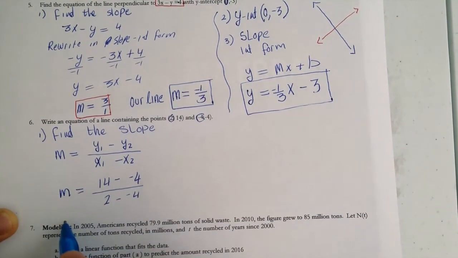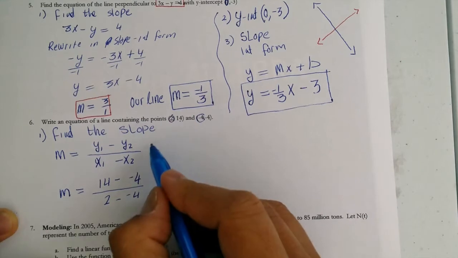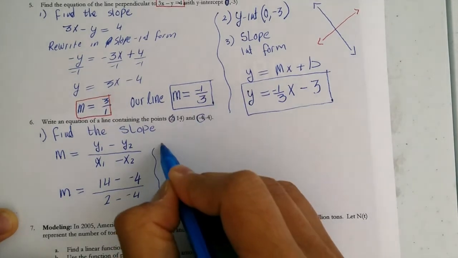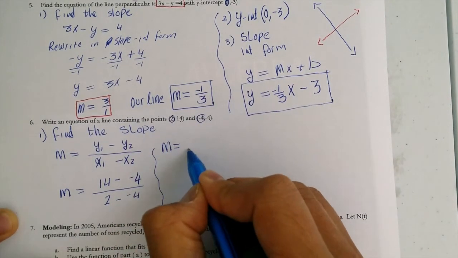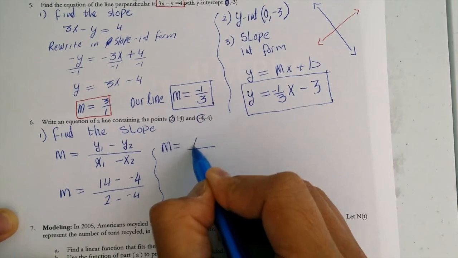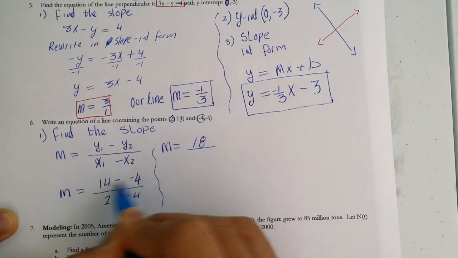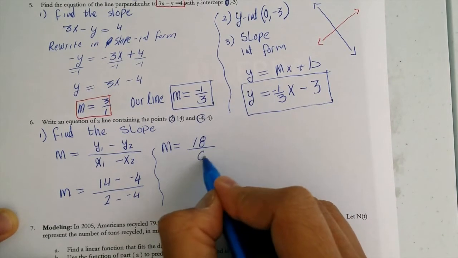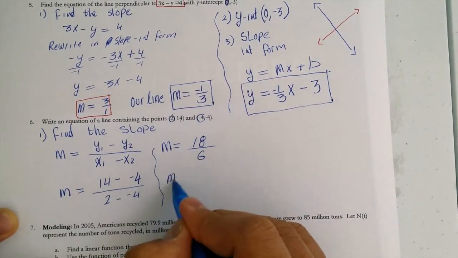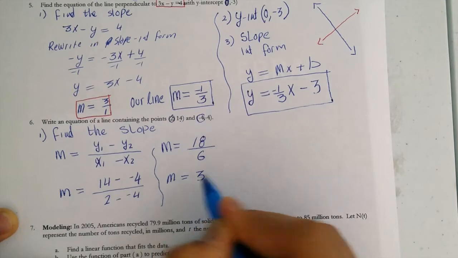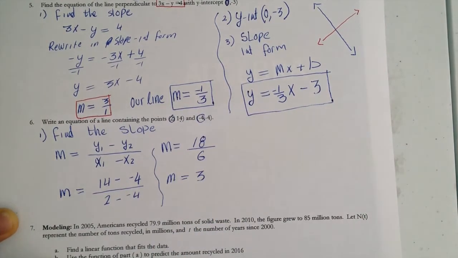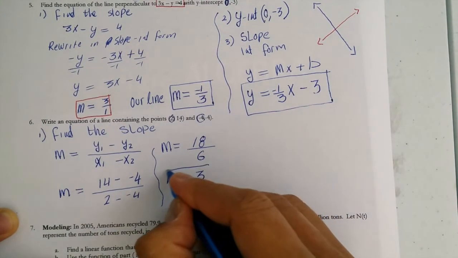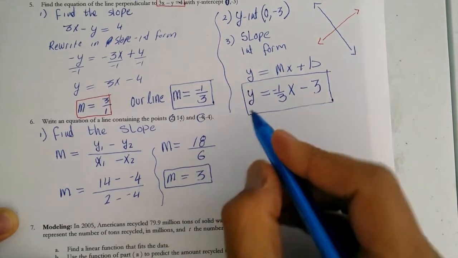So what do we have here? We have m, which is the slope. It's going to be 18 over 6. That simplifies to 3. Our slope is 3.